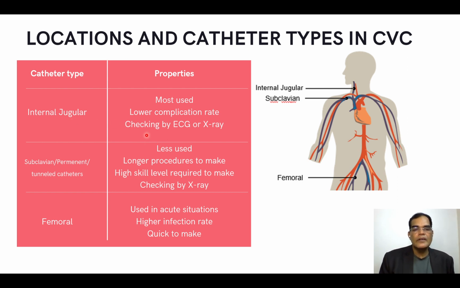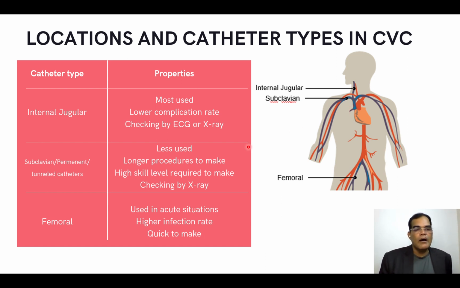It needs to be checked by an X-ray after placing the catheter to understand whether the catheter is in the right place or there is a haemothorax or pneumothorax in the patient, where there is a possible arterial puncture and blood collected in the lungs or in the thoracic cavity. So this requires an X-ray to visualize the catheter position as well as if there is any internal hemorrhage inside.